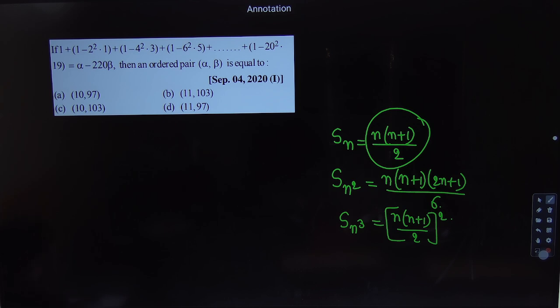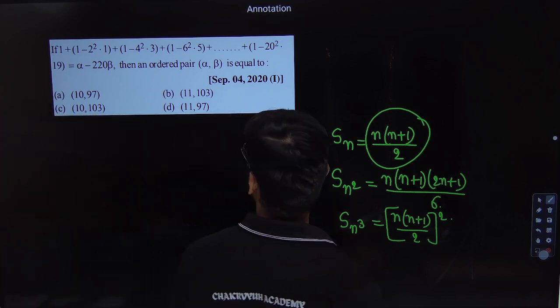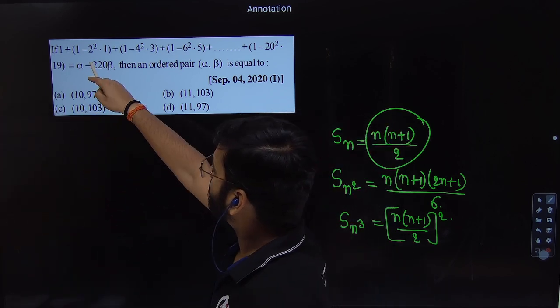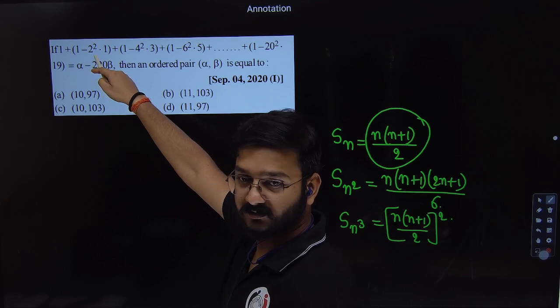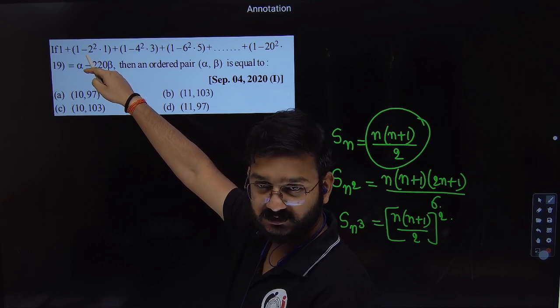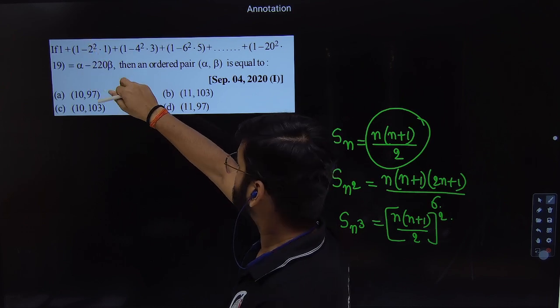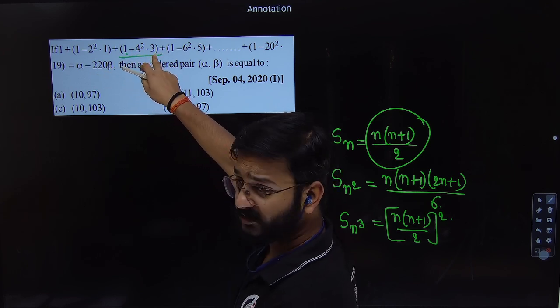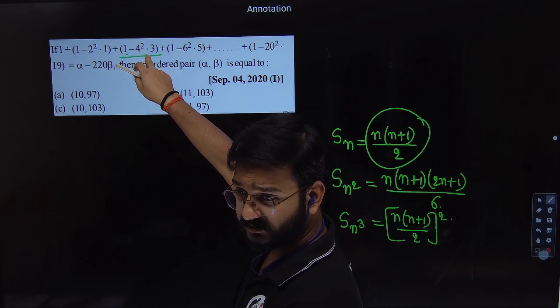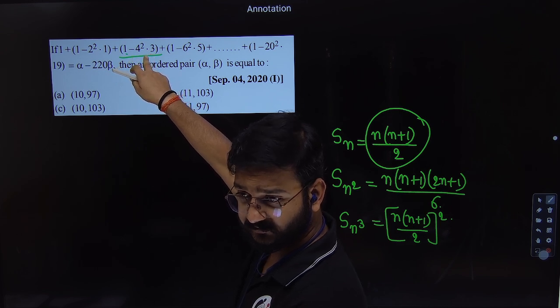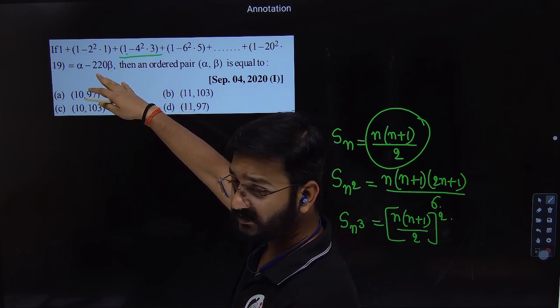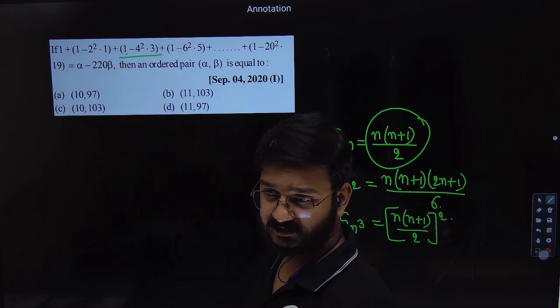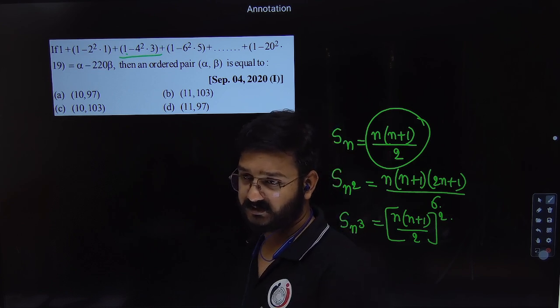Yes, students, is it AP, GP? No? You can simplify a few terms and check. This is 1, this is how much? 1 minus 4. 1 minus 4 is how much? Minus 3. If you see in this term, 1 minus 16 into 3, 48, which is minus 47. If you see that it is neither AP nor GP, you can find more terms. You'll feel that it's not a GP nor an AP.